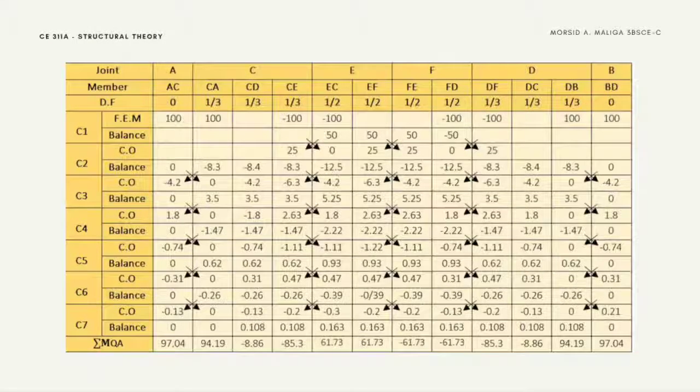For example, all the blanks here are already 0. Here, our balance is negative 100. How did we get 50? We multiplied our negative 100 by our distribution factor, which is 1/2.